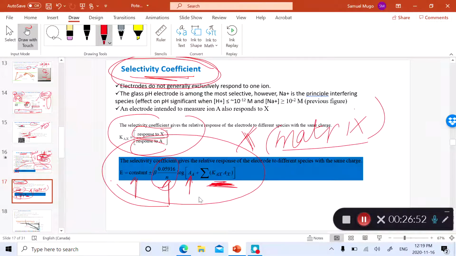You can see the selectivity coefficient of A relative to X multiplied by the concentration or the activity of A, and so on. And so that is the E of the cell.